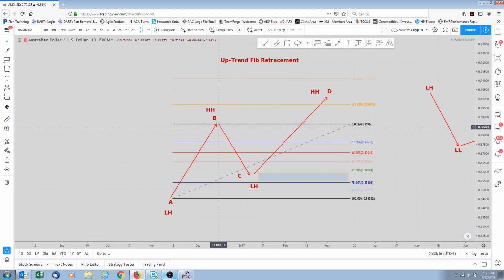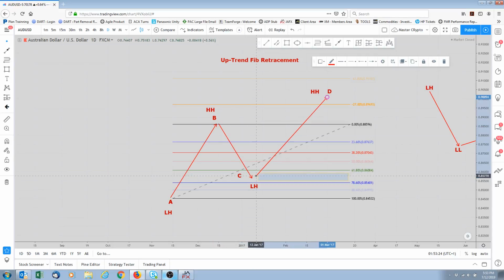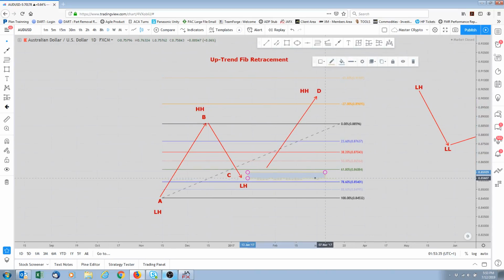So with Fibonacci retracement, we're actually measuring how much the price pulls back. And then usually the most ideal spot, that's why I talked about 61.8 and 78.6%.